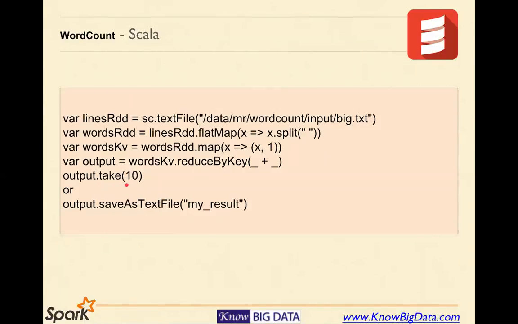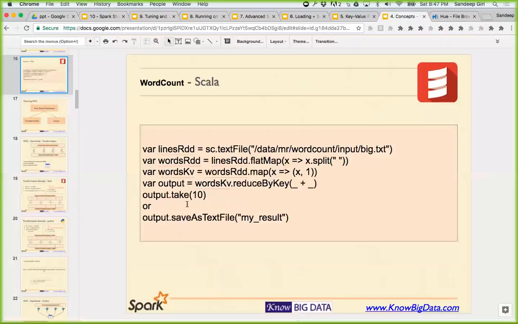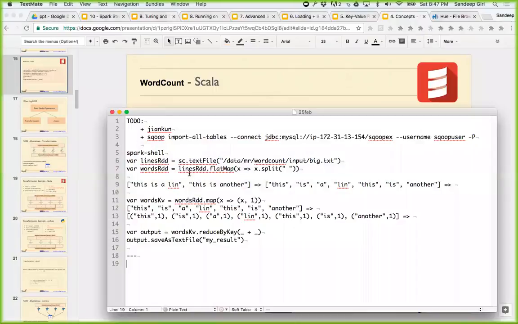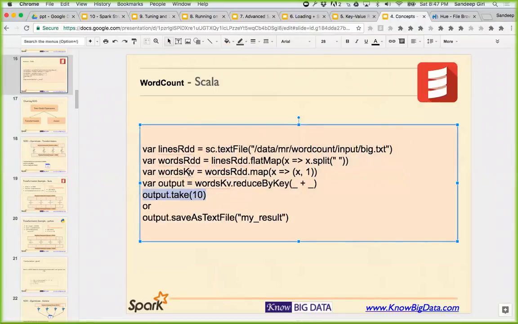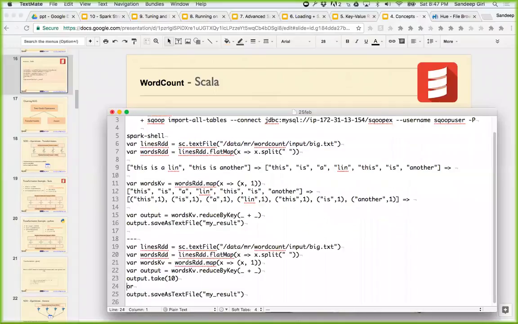A question to all of you: does save as text file execute take as well? Quickly, when we say this, will it do this also? Let me ask you again. Let's say your code looks like this. There's no or. Your code is like this.